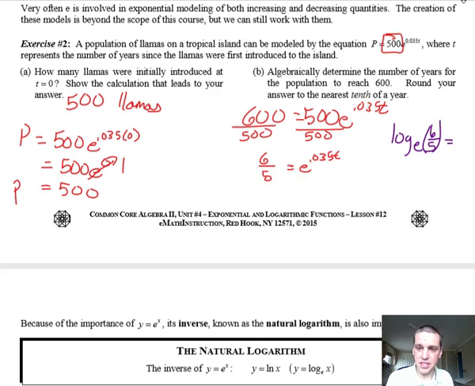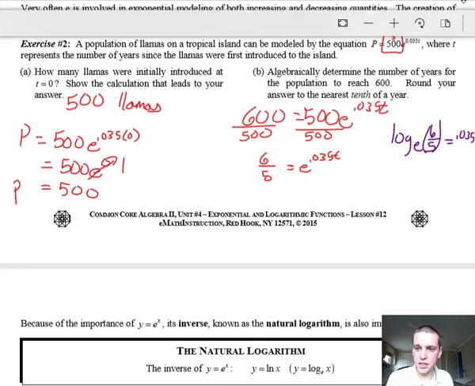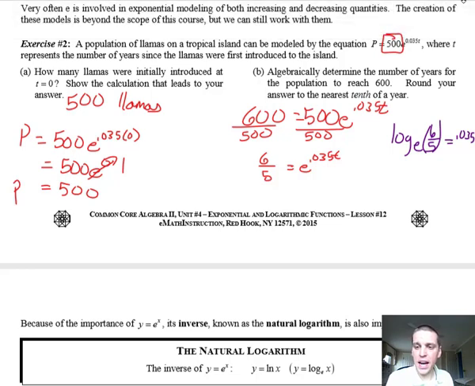Remember that the log gives us the exponent, so we have 0.035 t. And now I need to divide by 0.035. And so we know t equals log base e of 6/5 divided by 0.035.